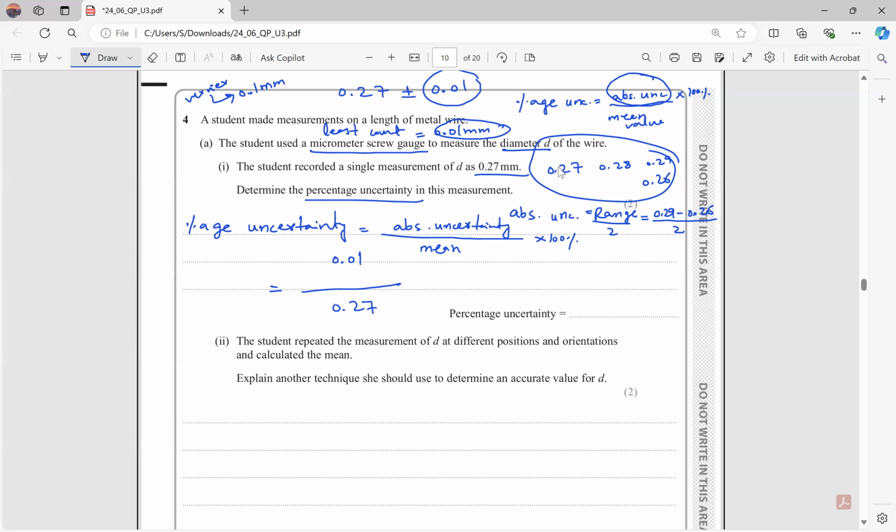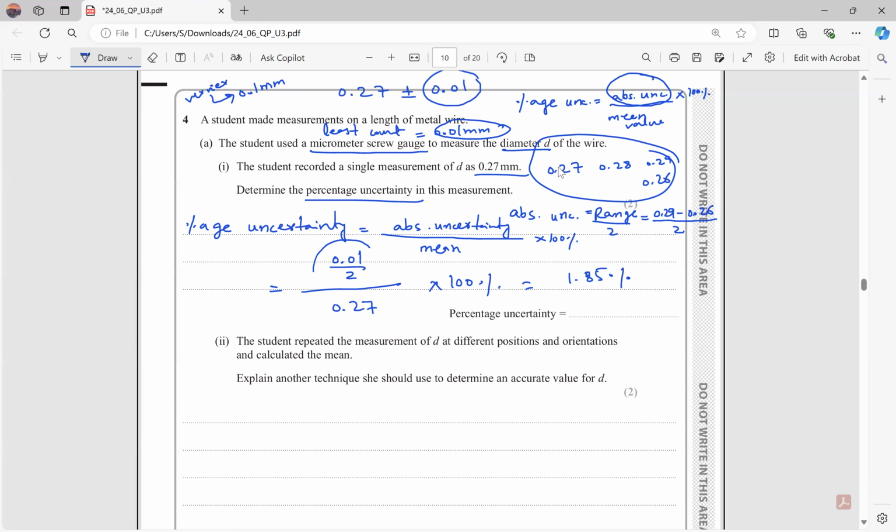So it would be 0.01 over 2, divided by 0.27, times 100%. So that would give you 1.85%. So that's the percentage uncertainty in the screw gauge.